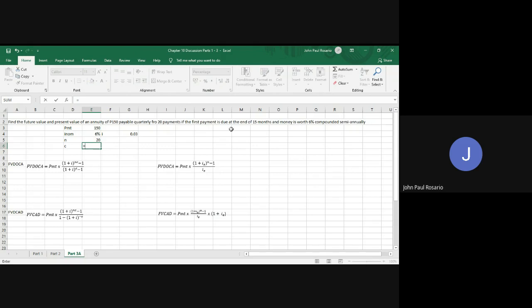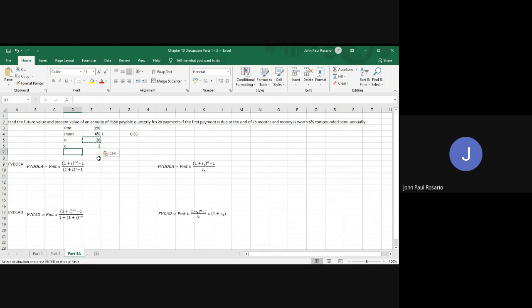That is 6 months. And then the number of months per payment period, that's payable quarterly, so that's 3. So our C here is 1/2.